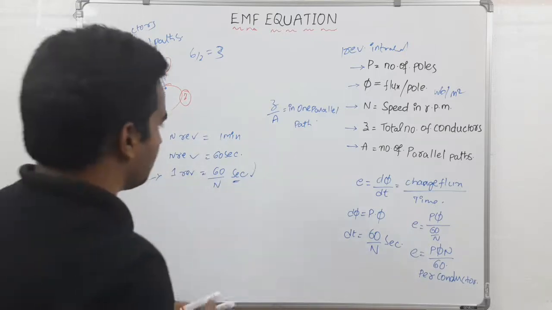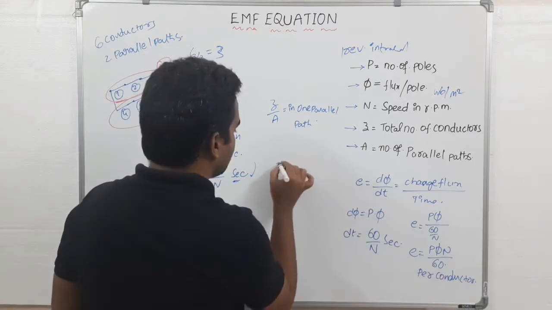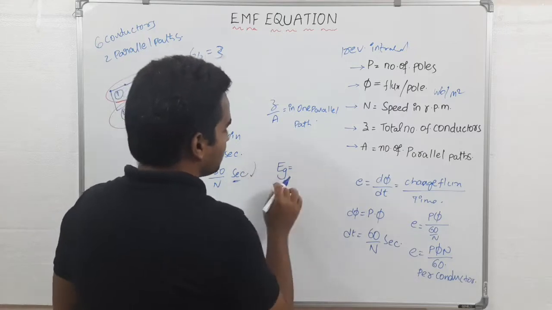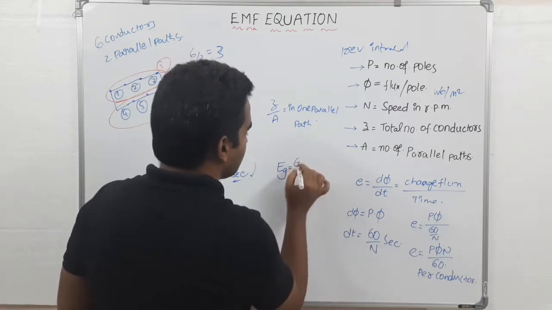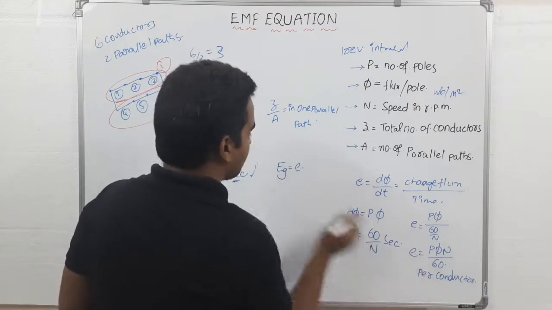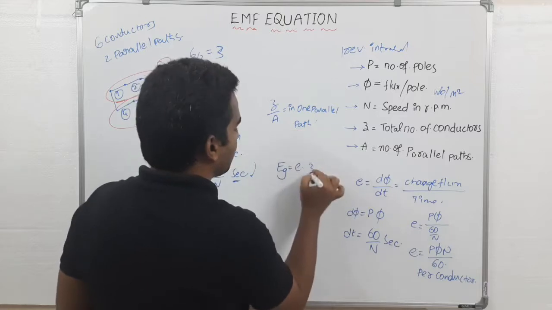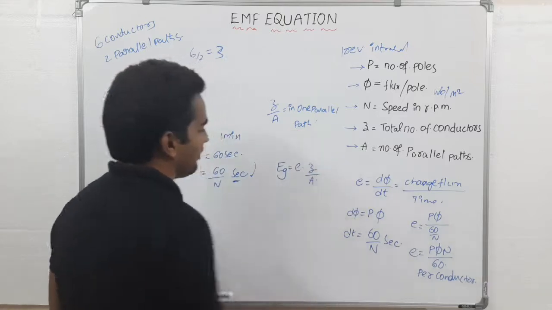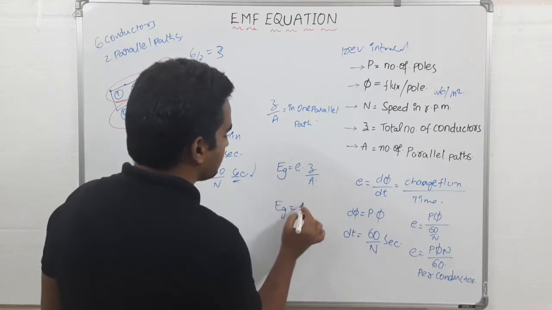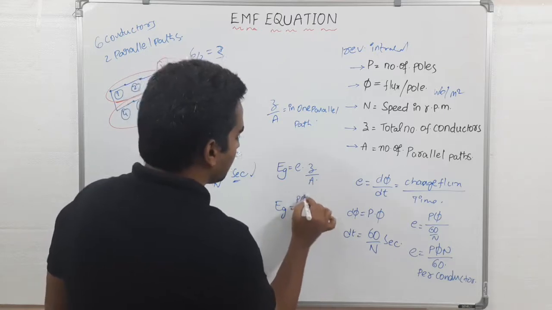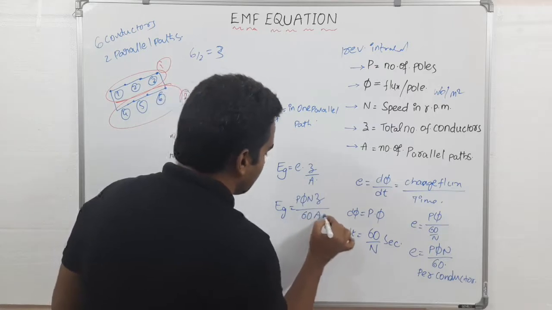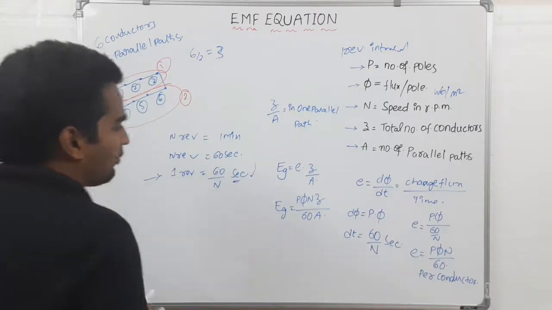The induced EMF Eg generated in a DC generator can be given as small e, the EMF generated per conductor, into the number of conductors in each parallel path. Therefore Eg equal to P phi N Z by 60A.